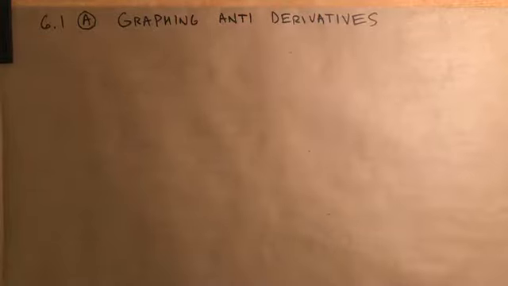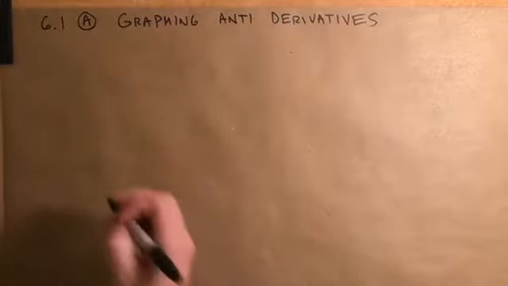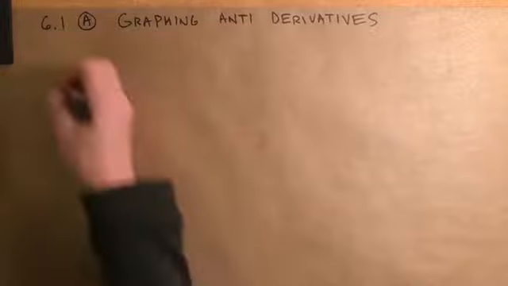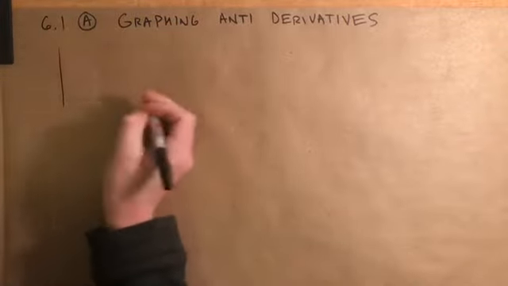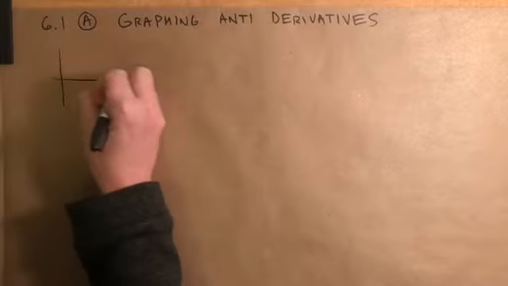Hello friends, our video today is about graphing antiderivatives. And what I'd like to start out with is, suppose I have a derivative function, and let's just make this thing relatively simple here.